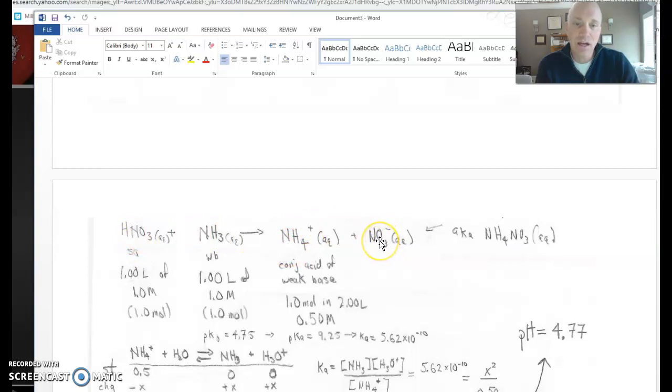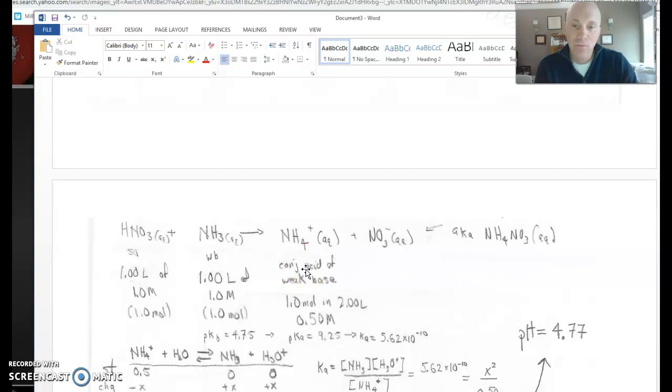Nitrate is the conjugate base of a strong acid. So remember, since this is a strong acid, we would expect its conjugate base to be an extremely weak base, so weak that it's not even going to be considered a base. So this does not act as a base. But since ammonia is a weak base, its conjugate acid would be a weak acid.